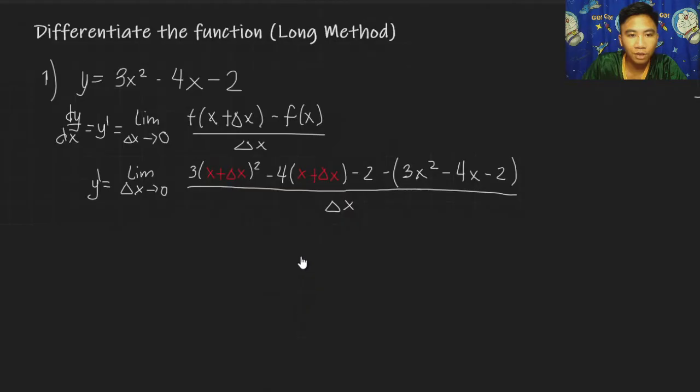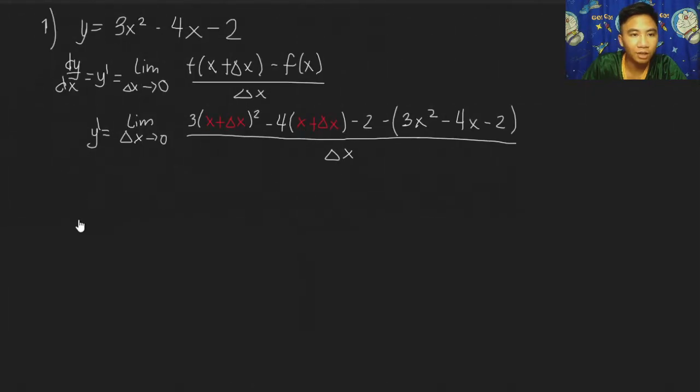So, simply, expand lang natin yan. So, we have y prime as the limit of delta x approaches to 0. So, kukope-kope natin yan. Wag niyo yung kakalimutan. So, dito sa una, expand. So, 3 multiply 2.